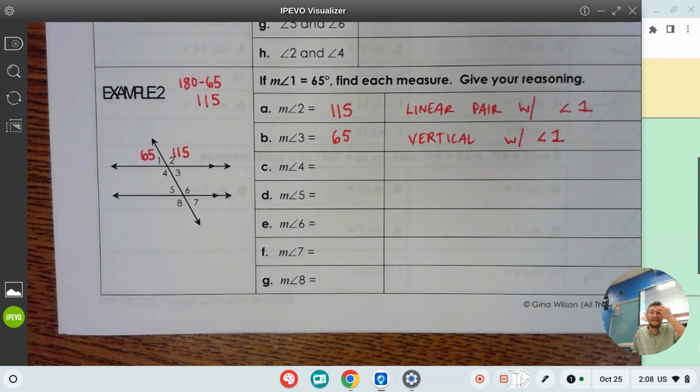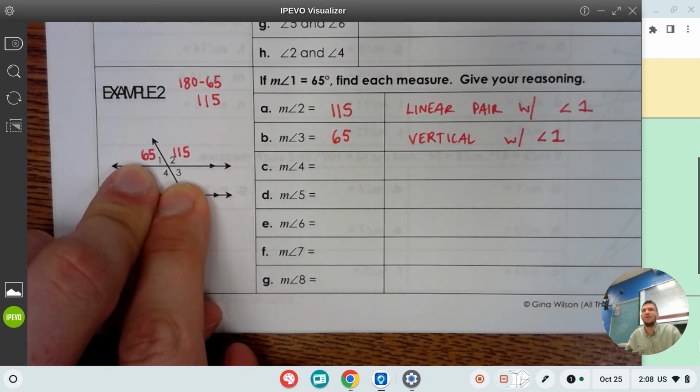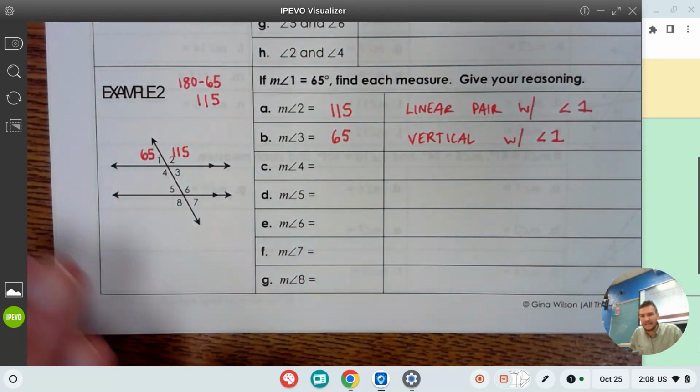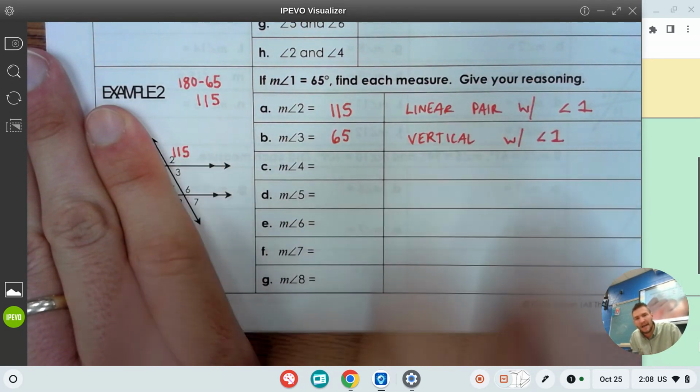And what you'll find out is there's actually like a million different ways to do this, because the way that I thought about it was, hey, 65 is vertical with angle 1, right? But maybe there's a chance that, over here on the side of the room, maybe Dallas is thinking, well, instead of thinking about angle 1, what if I think about angle 2?